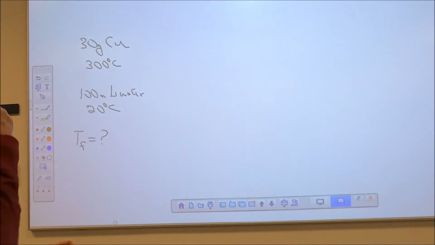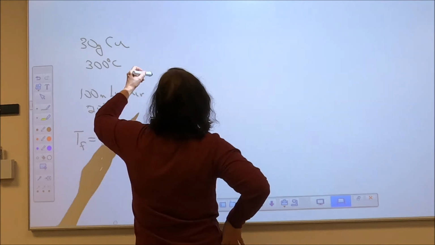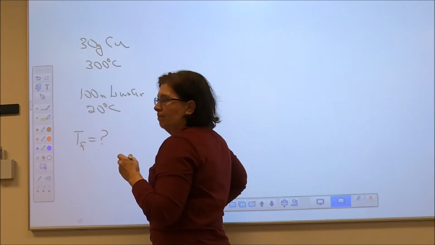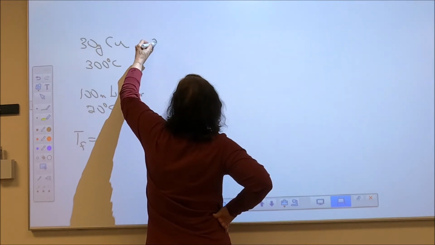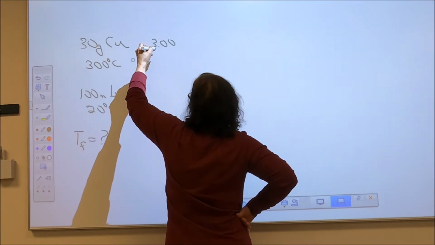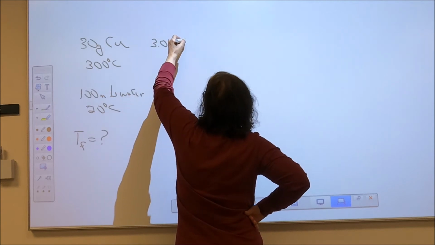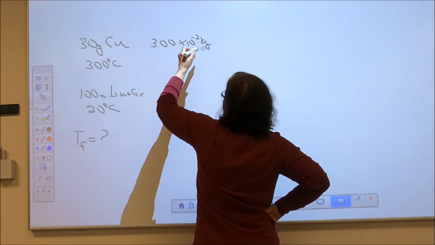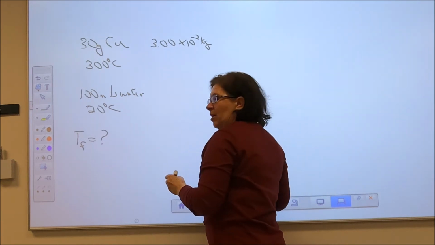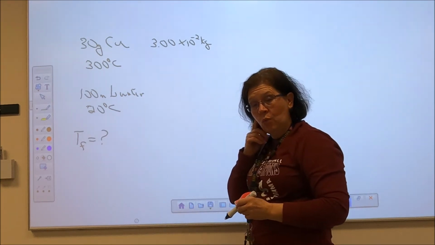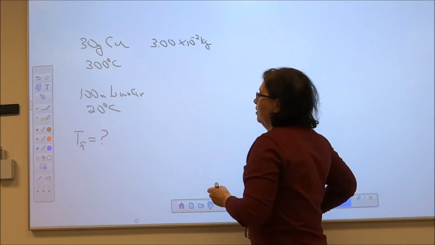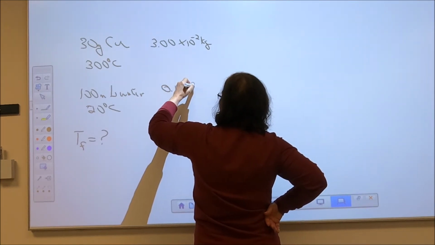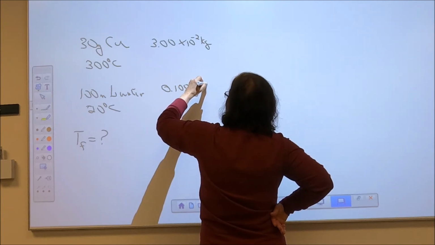Now, 30 grams is the same as, your book always does everything to 3 significant figures, so that's 3.00 times 10 to the minus 2 kilograms. And 100 milliliters of water, the density of water is 1, so it's 100 grams. So I have 0.100 kilograms of water.